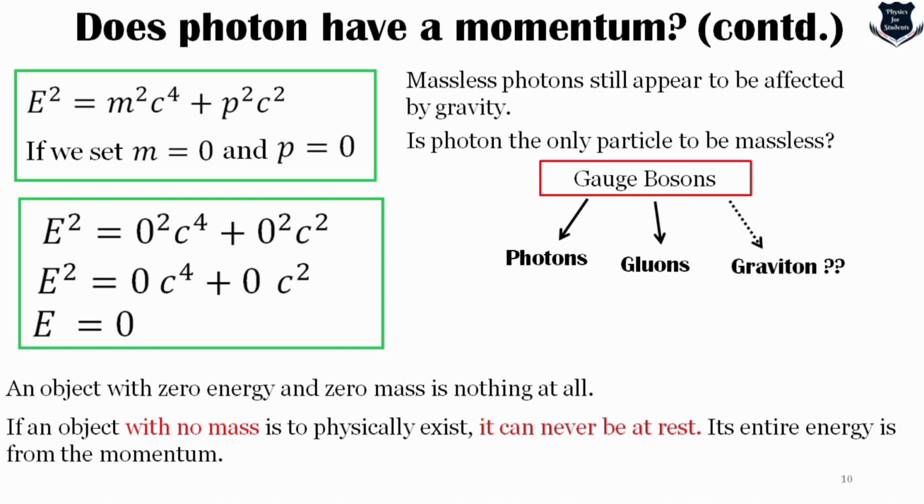The third one is a graviton. Now in theories of quantum gravity, the graviton is the hypothetical quantum of gravity, an elementary particle that mediates the force of gravitational interaction. There is no complete quantum field theory of gravitons due to an outstanding mathematical problem called renormalization in general relativity.